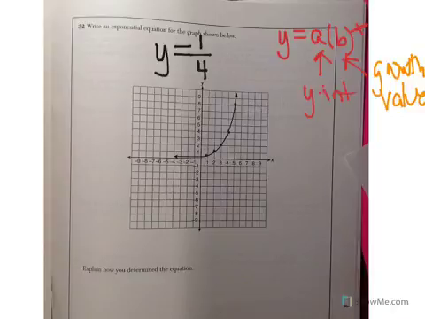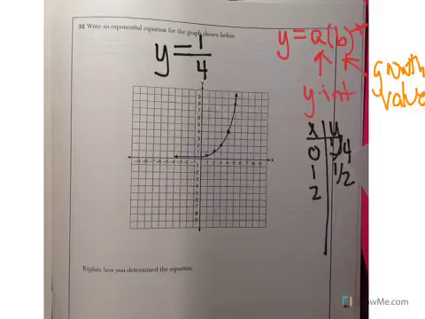Okay, so if this is my table, I have 0 is 1/4, 1 is 1/2, 2 is 1, 3 is 2, 4 is 4, and 5 is 8.